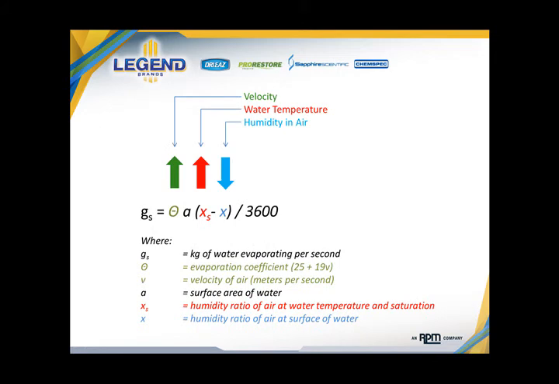The greater the velocity of air movement along the wet surface, the warmer the water, and the lower the humidity in the air next to that water, the greater the rate of evaporation. Notice how the velocity of air is a multiplier in the formula, and it's the difference between the amount of water in air and the water's temperature at the surface, in real simple form, that generates the overall evaporation rate.